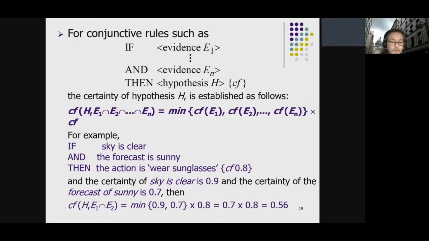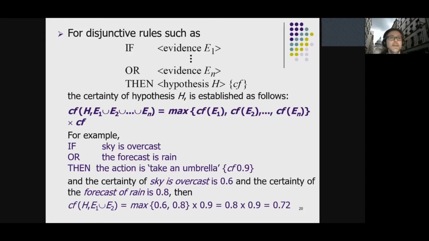Then the output will be produced by this calculation, the minimum of 0.9 and 0.7, which is obviously 0.7, and this is multiplied with 0.8, which gives you 0.56. So the certainty of this rule at the end, the outcome, is 0.56, and this can be used to trigger other rules in your system.